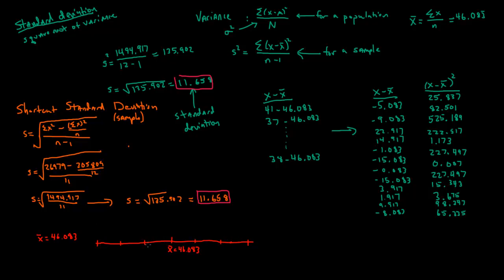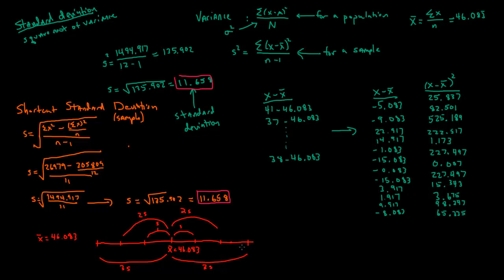So this distance here, that is S. Or this distance here is 2S, or maybe this distance here is 3S, or this distance here is 3 times the standard deviation.